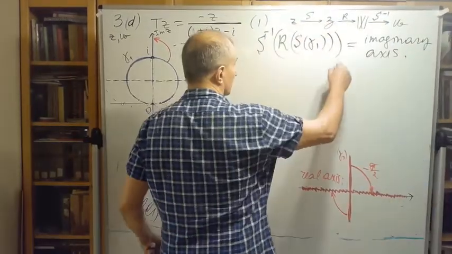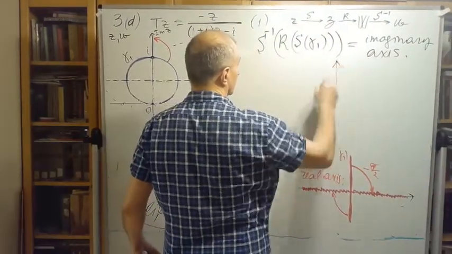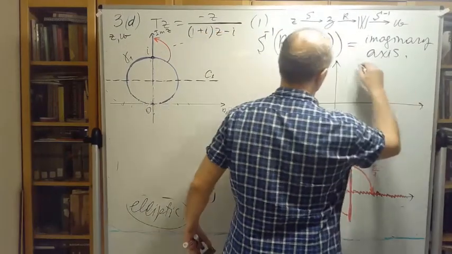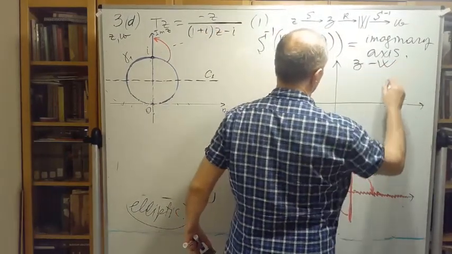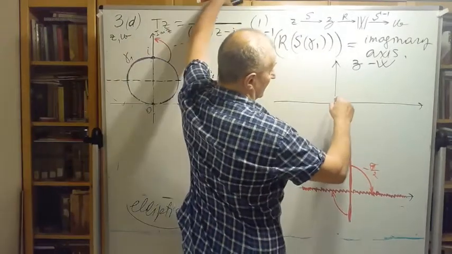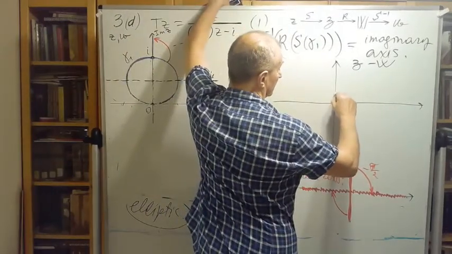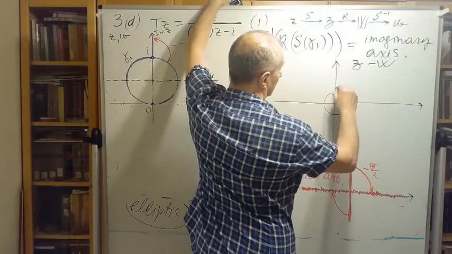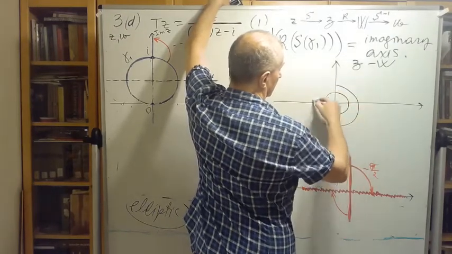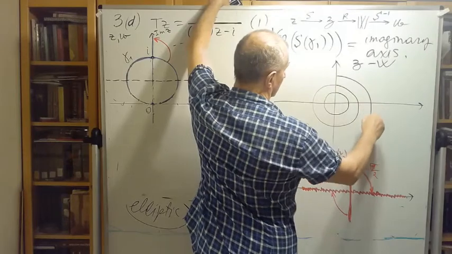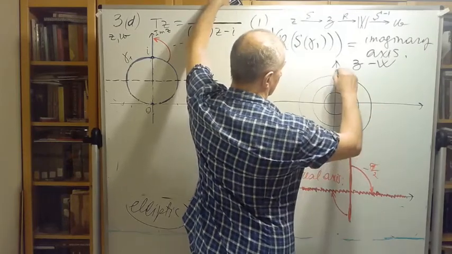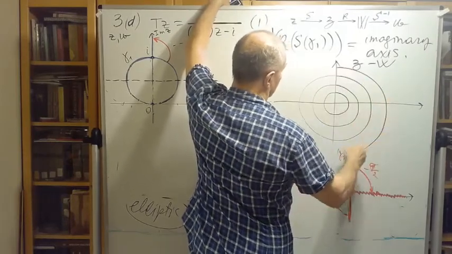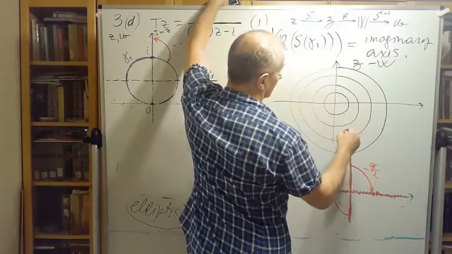So what happens in the ZW capital plane, with Apollonius circles, these circles, Steiner circles of the second kind, they are being rotated, right?